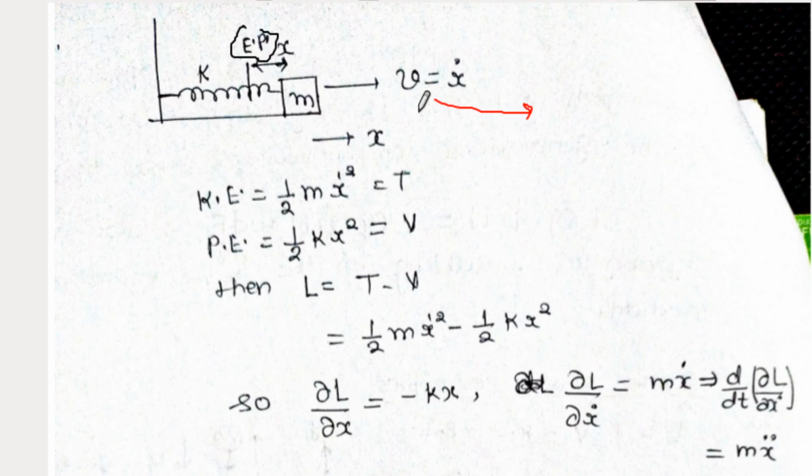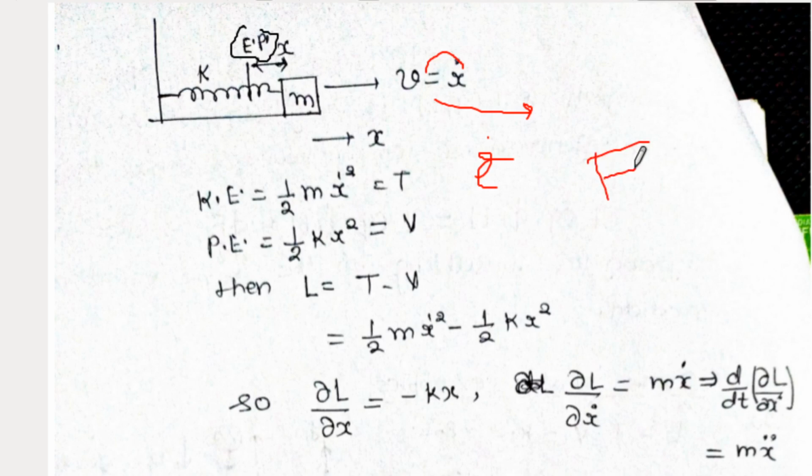We know its kinetic energy is half mv square, and v is nothing but x dot, where x dot means the first derivative with respect to time. So this is the kinetic energy, and the potential energy will be half kx square. By Hooke's law we can determine the potential energy.